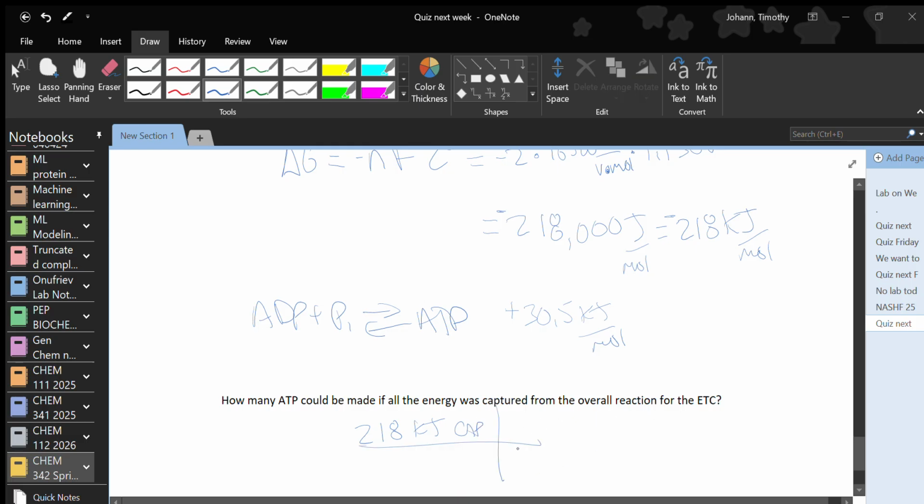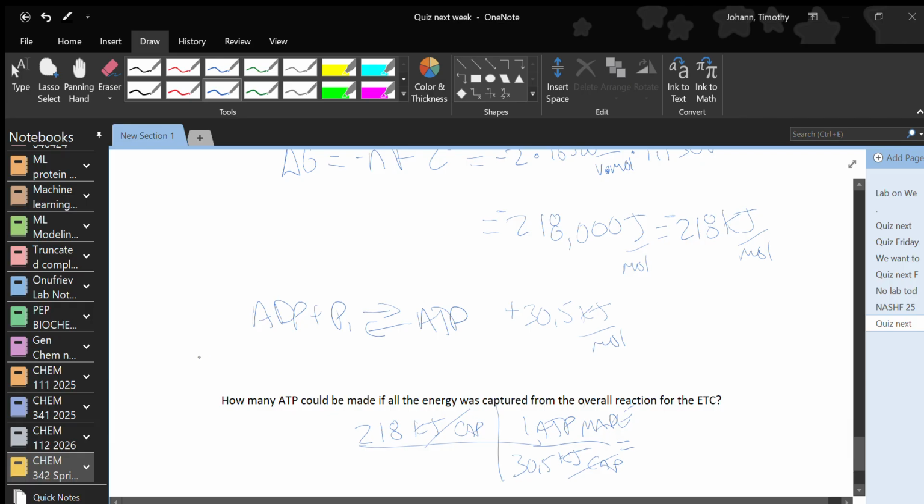Okay, and if I captured 30.5 kilojoules captured, I just made up a conversion factor, I would make 1 ATP, right? 1 ATP made. And it's easy to cancel units if you've made them up. 218 divided by 30.5 is like 7.14.